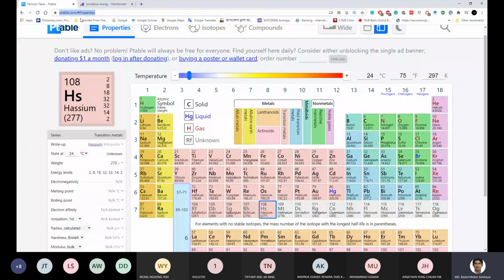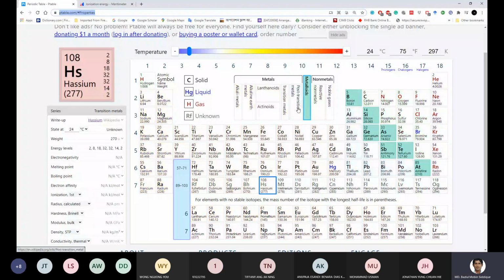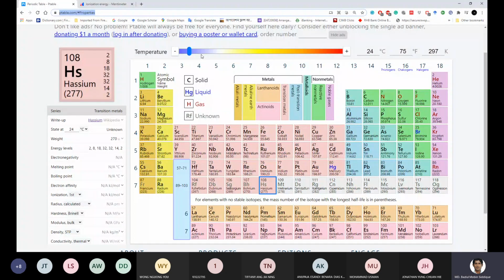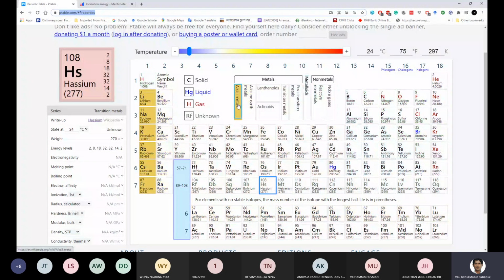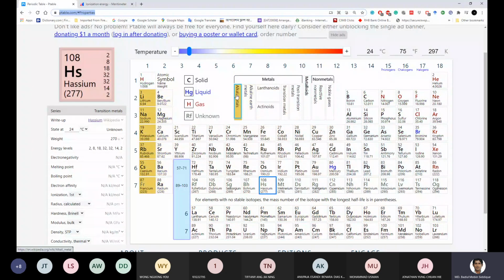You can also type Ptable and it will come up. On this periodic table, there are quite many features. We can try which one is alkaline metals, alkaline earth metals, and it will highlight that part.